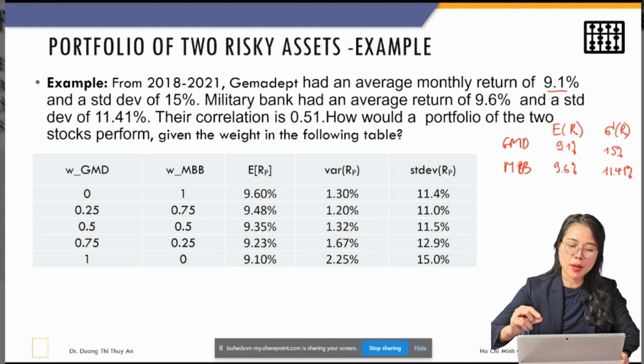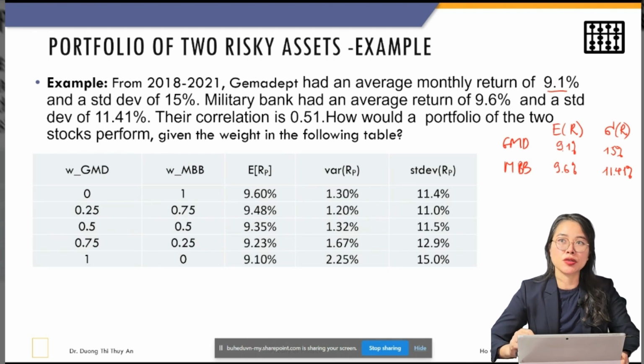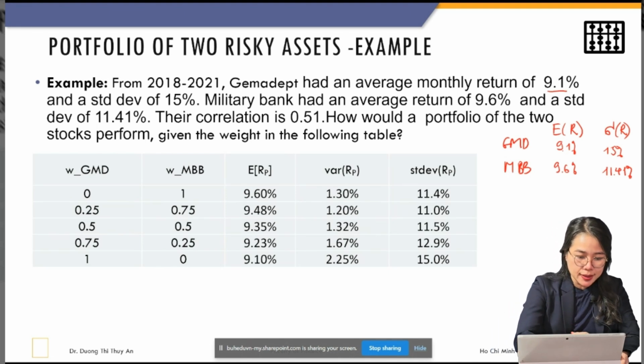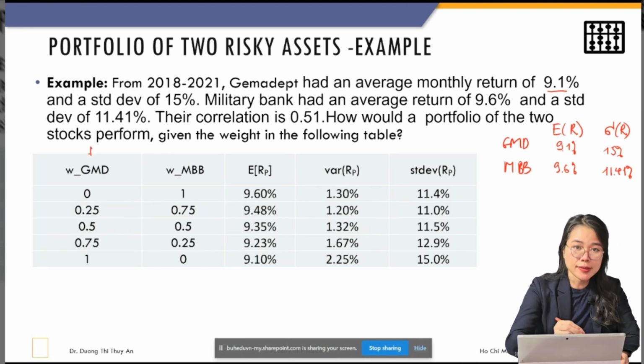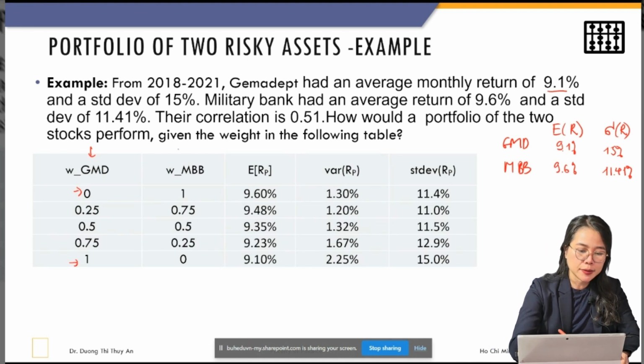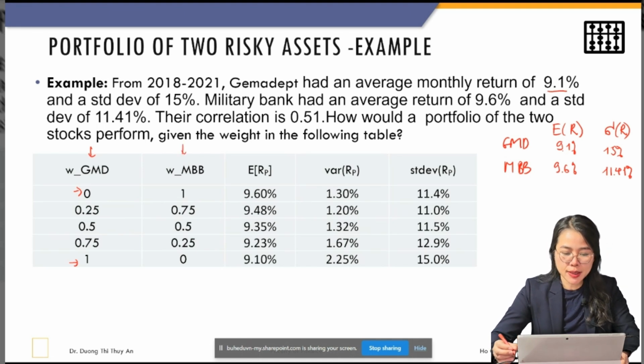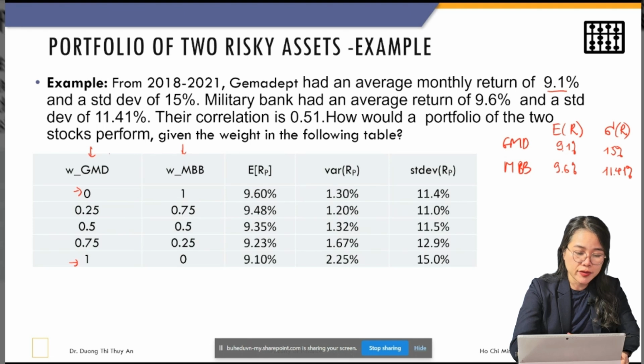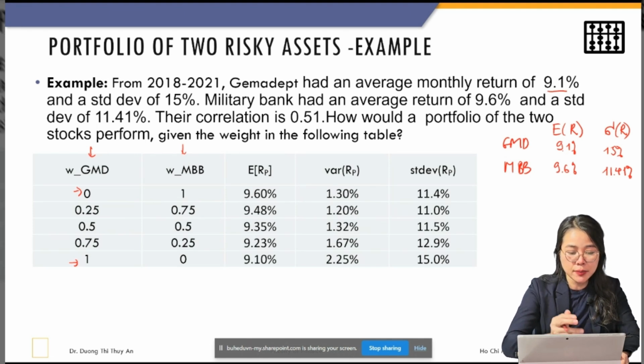Now we assume that we combine the two stocks into one portfolio and see what happens. The first column is the weight of GMDEP. You see the weight runs from 0% of GMDEP to 100% of GMDEP. The second column is the weight of MPP. So of course, in the first row, if GMDEP is 0%, then 100% is MPP.